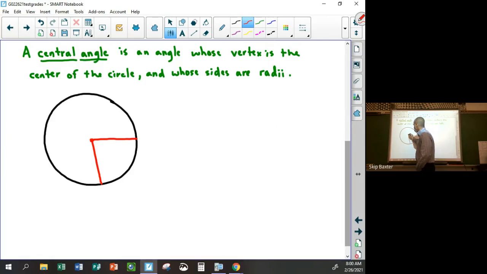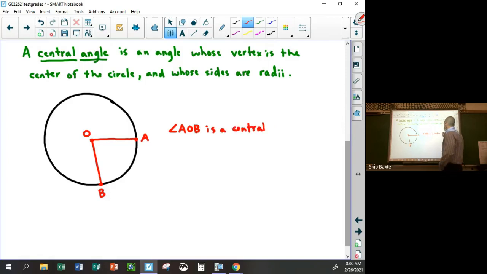So let's say the center of the circle is like the point O. A, B. So you'd say angle AOB, central angle of circle O. When you talk about a circle, you just call it by its center. This would be circle O. Okay?